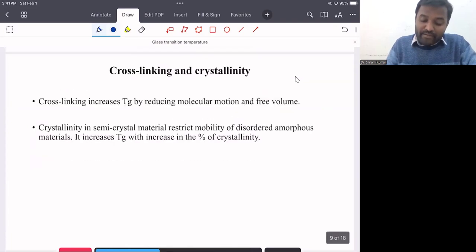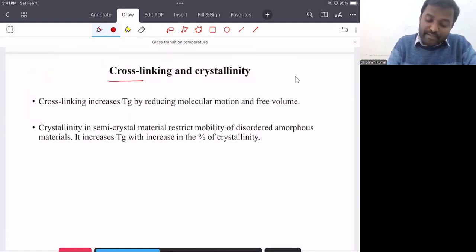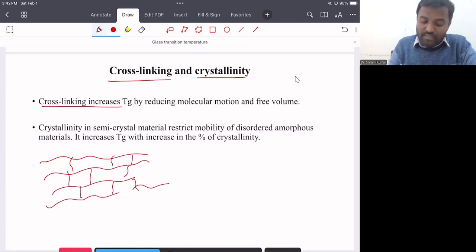We have another factor that is based on the cross-linking of the polymer and the crystallinity. Glass transition temperature increases with cross-linking. If you have the polymer chain with cross-linking and you increase the cross-linking, there is very little free rotation and flexibility in the chain, and because of that there is an increase in the glass transition temperature.